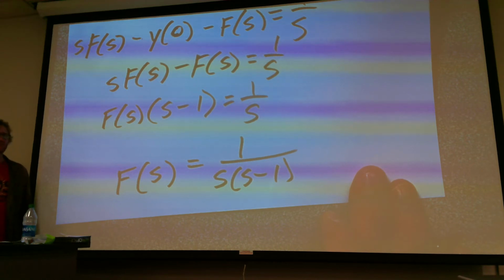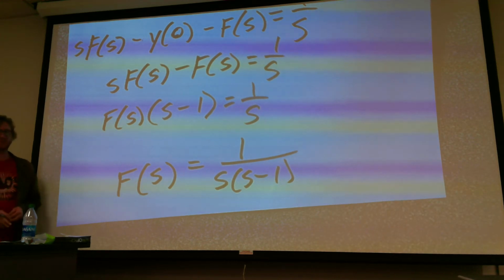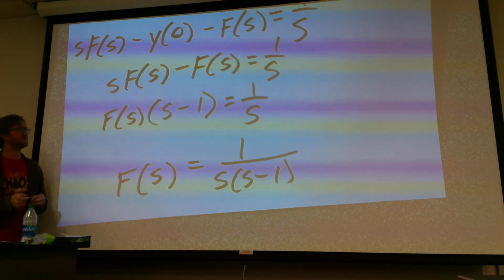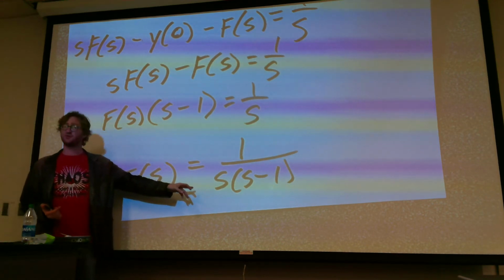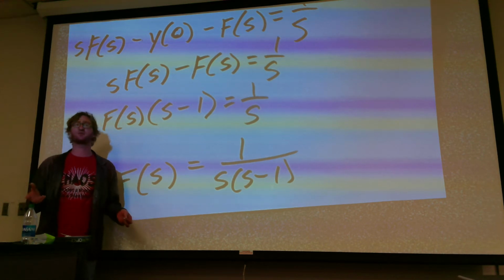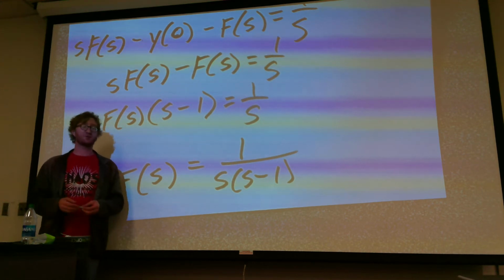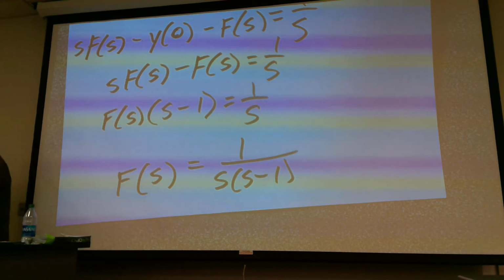So we're going to have to do something to this. Think back to when we were doing integrals in Calculus 2. If you were going to try to integrate something like this, what would you do? You would do partial fraction decomposition to break it into its individual pieces and then integrate the individual pieces. And so we're going to do the same thing on this one.